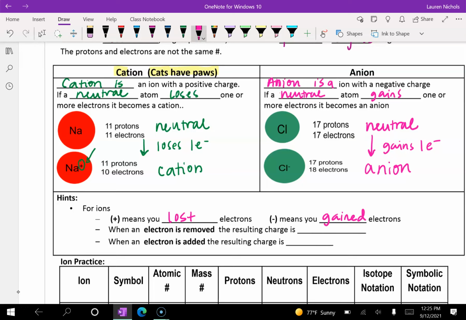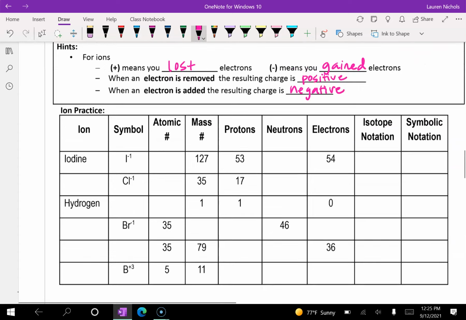So the charge is all about gaining or losing electrons. When an electron is removed, the resulting charge is positive, but when an electron is added, the resulting charge is negative.